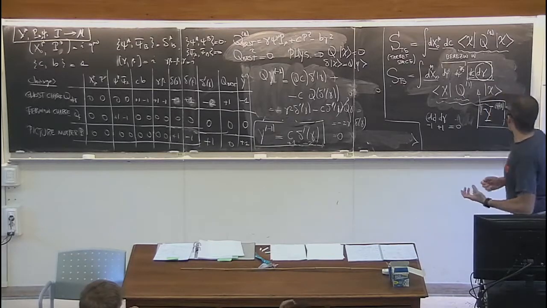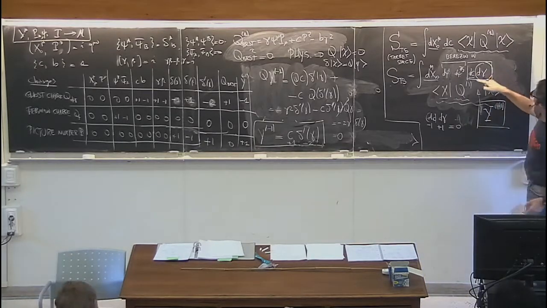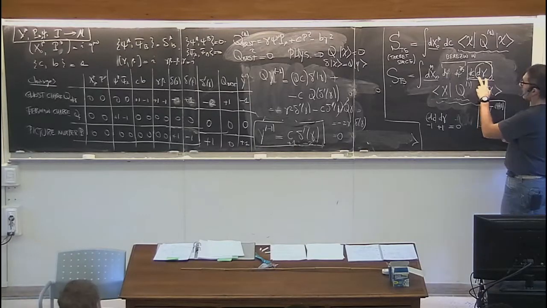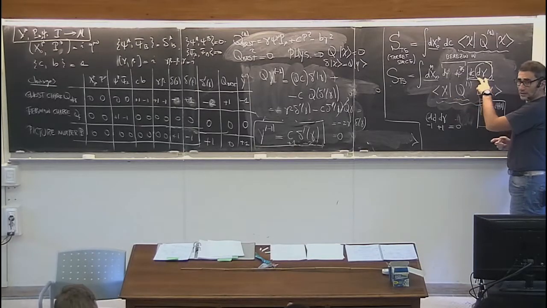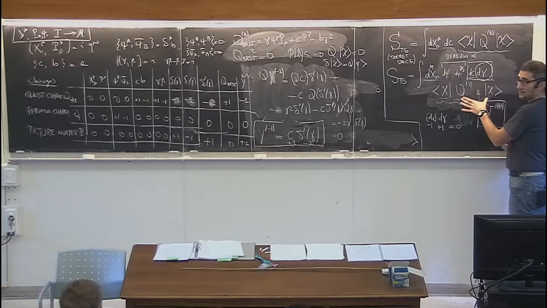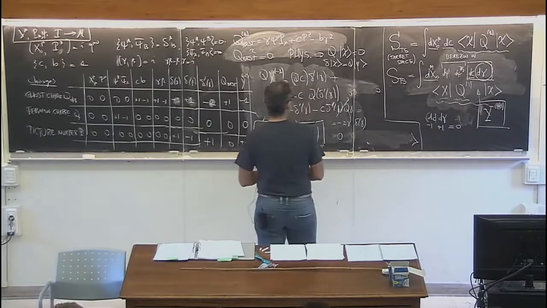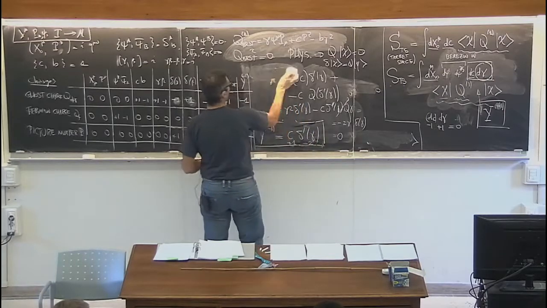So one way to define the integration measure on gamma, of course this is not the only way to do it, is to put some delta function inside. This expression has the good property now.